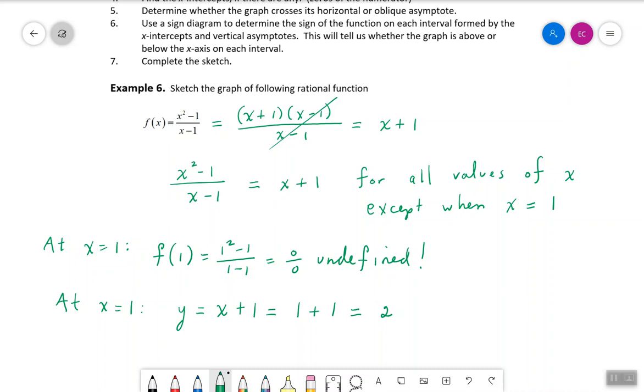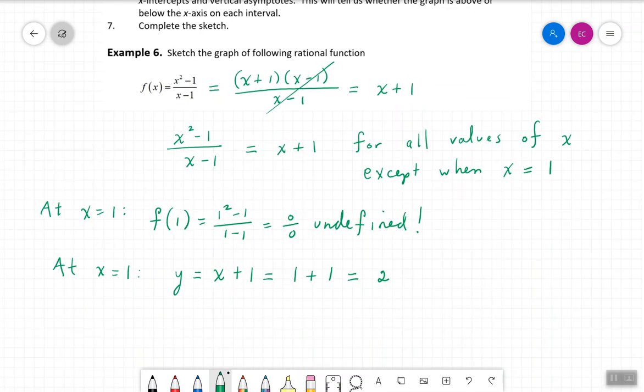Well, we don't have to go through the 7-step process now, because look, all we have to do is graph the simplified form, x plus 1, which is not a rational function, and then just account for the special behavior at x equals 1.